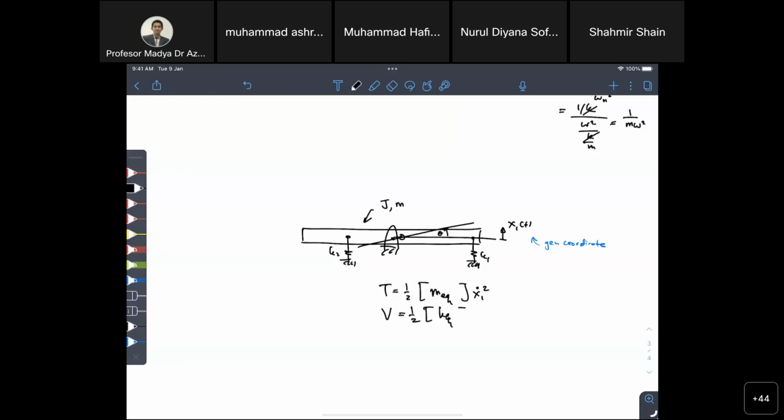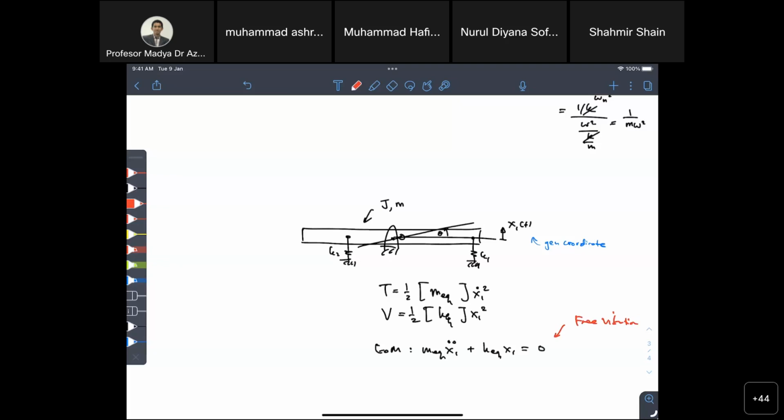So now you find the K equivalent. X1 is the generalized coordinate. From here you have the equation of motion: M equivalent X1 double dot plus K equivalent X1 equals 0. This is free vibration, the previous chapter.